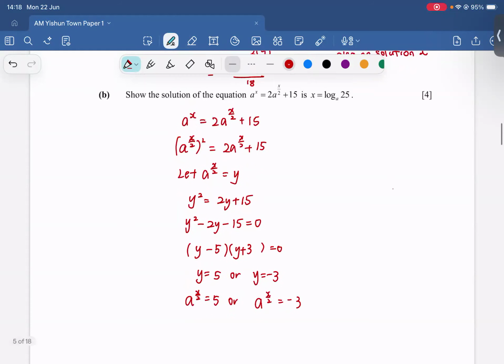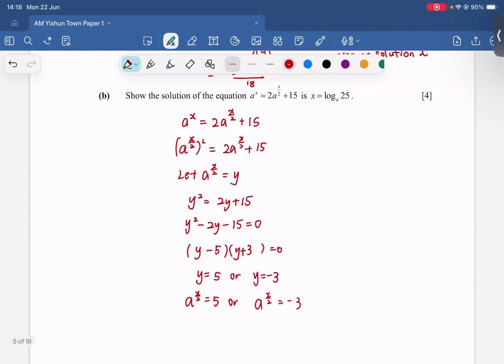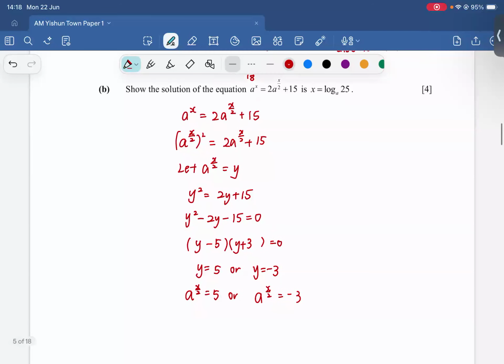So we now reverse our log. We can log base a both sides. I log base a here, and I log base a to this side.